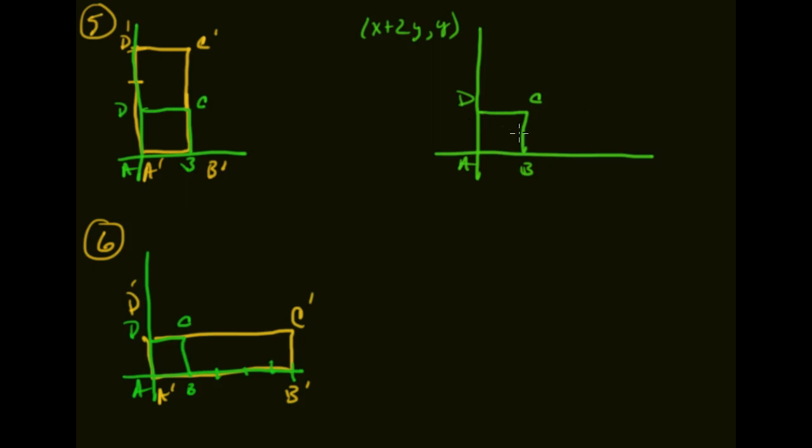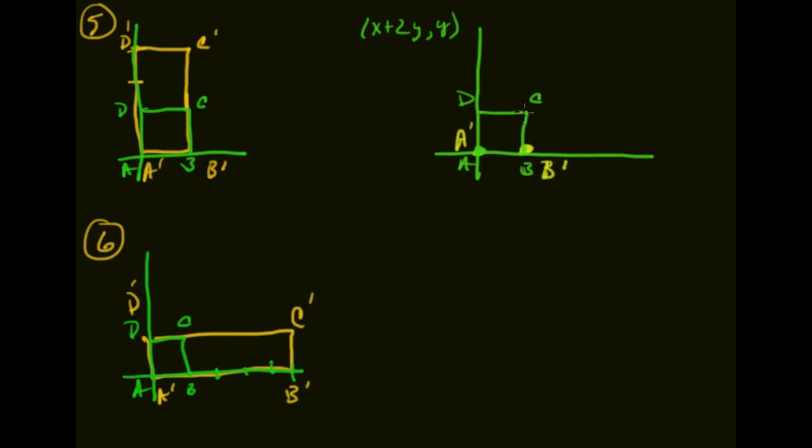So the y values are all going to stay the same. A is at 0, 0, so that's not moving. That's going to stay right where it is, and A prime is going to land there. B is at 1, 0, so this is going to be 1 plus 0, so that's going to stay where it is.